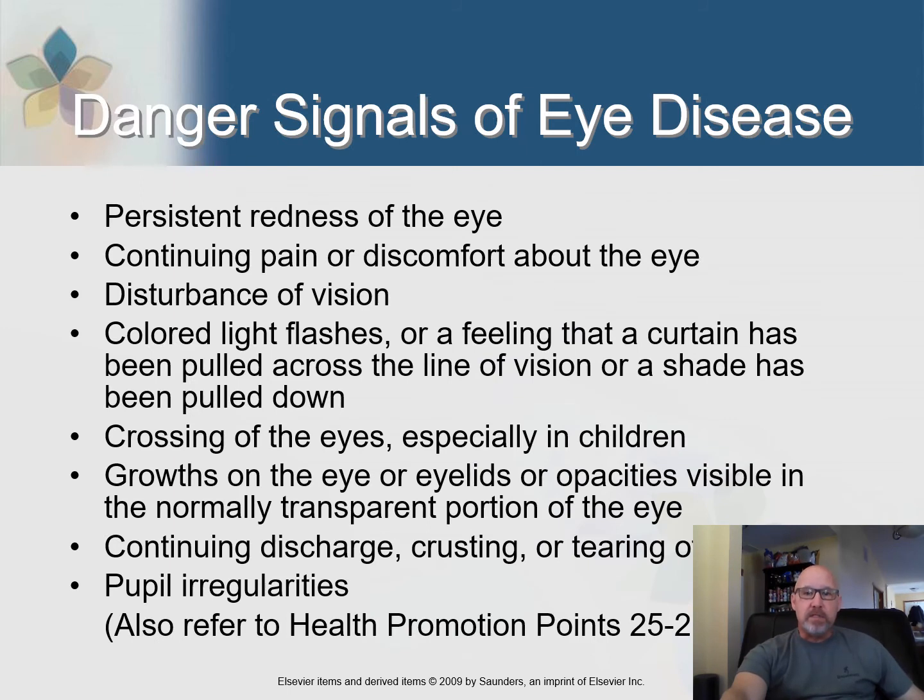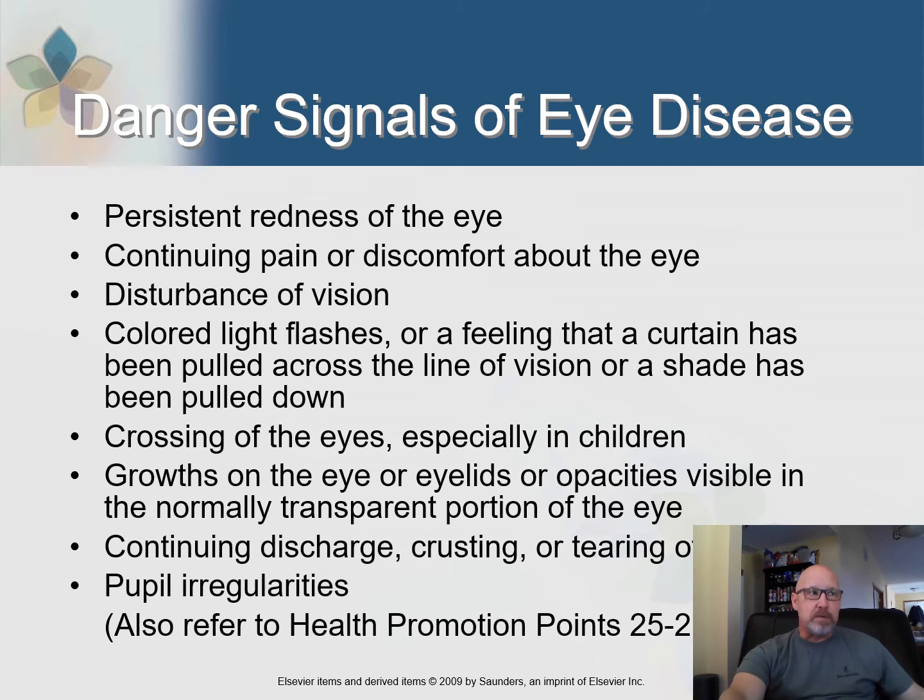Some of the danger signs that you might look for are persistent redness of an eye, any pain or discomfort in your eye, visual disturbances. It's amazing how long people will let these things go before coming in to be seen. You should not experience any pain or discomfort in your eyeball. That's not normal. Okay?